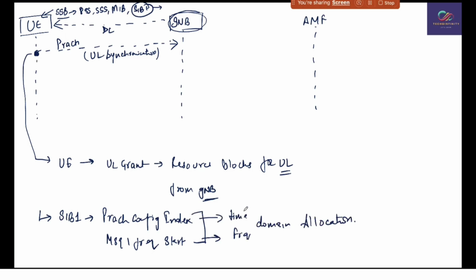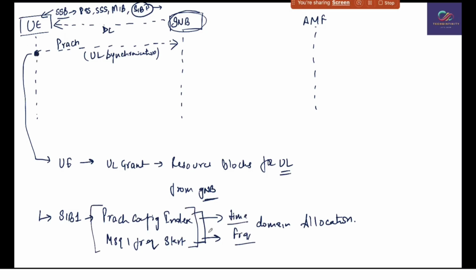Why? Because whenever we need to send out something, whether it is in downlink or uplink, from Gnode B to UE or from UE to Gnode B, we need to send it in both time and frequency domain locations, right? We need both of them. So these parameters will tell us when to send the PRACH and where to send.